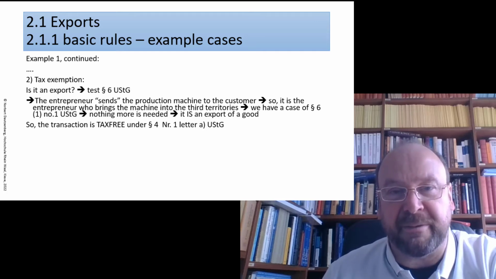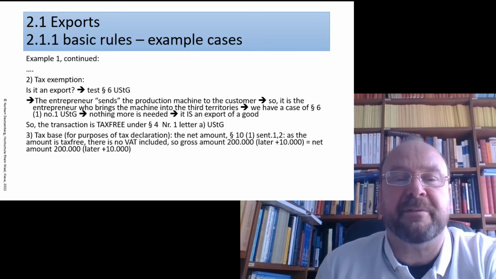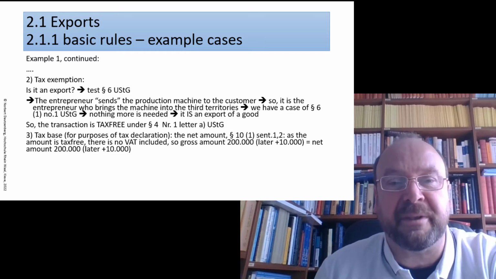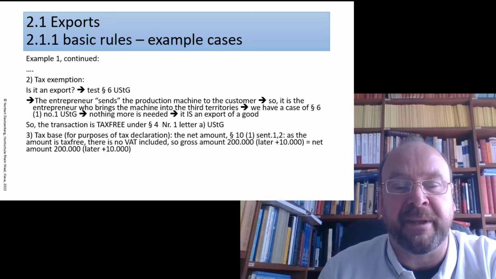Necessarily, you will have to keep the necessary proofs for this fact, and if they were missing, that would be a catastrophe. Well, the tax base might be asked for reasons of the tax declaration, because you also need to declare your tax-free turnover.